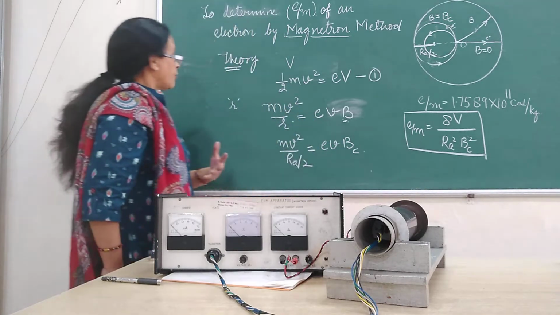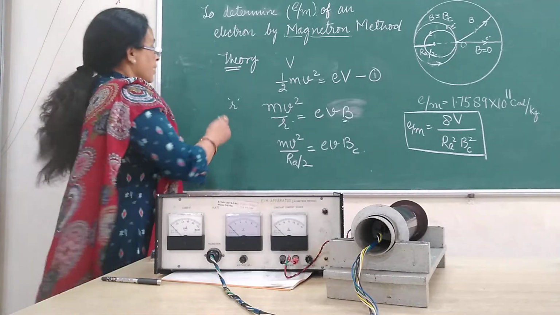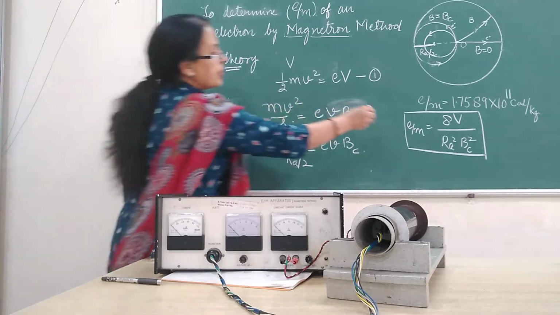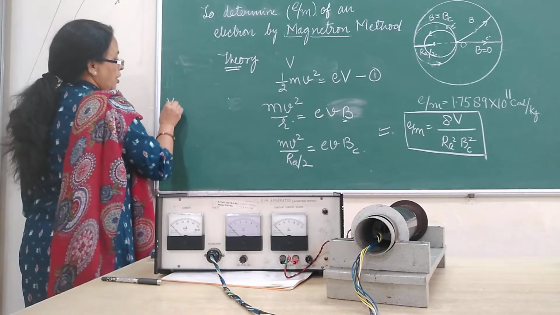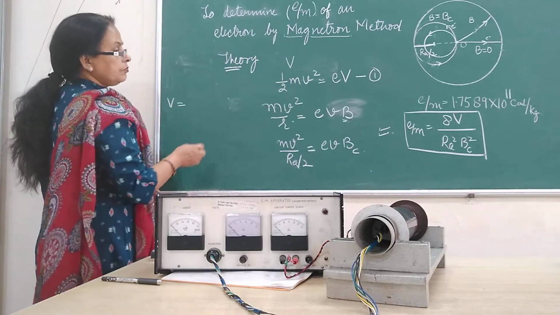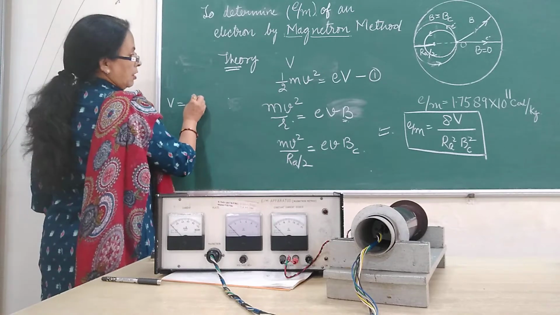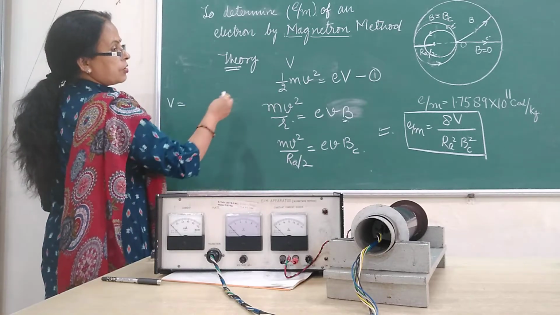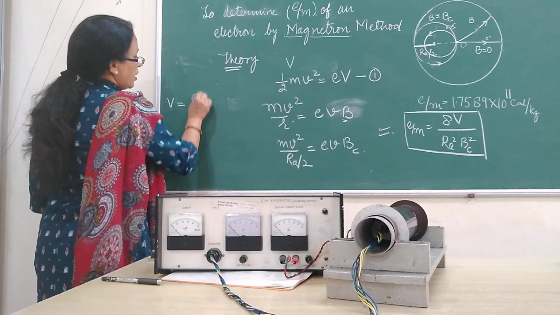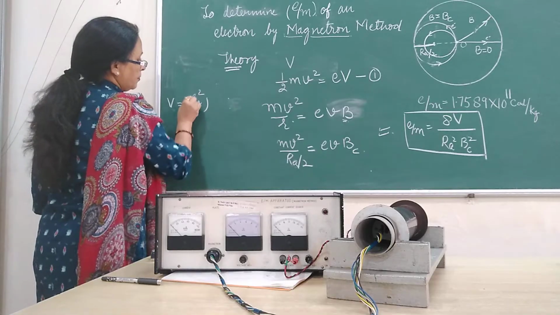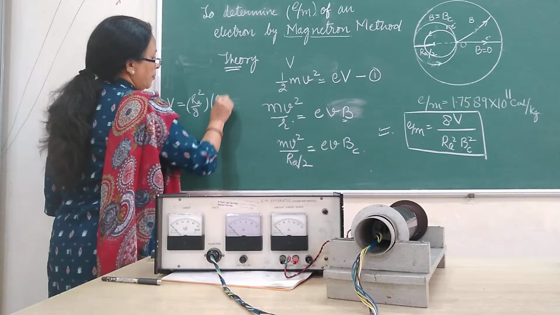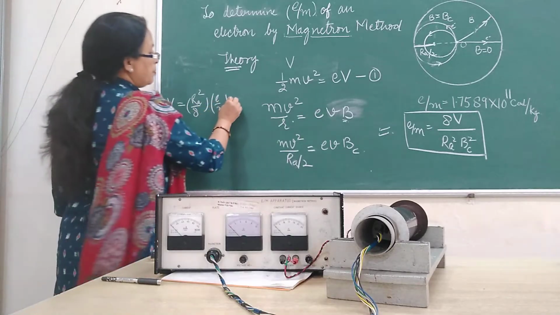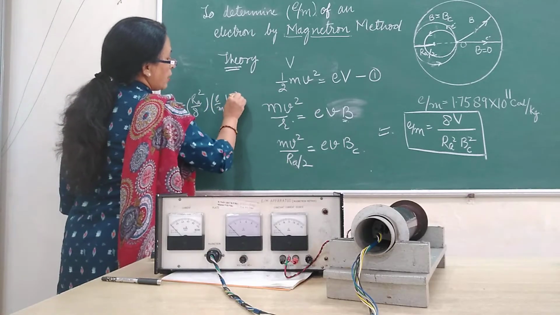One more method of calculating e by m is that, as can be seen from here, I can write it this way: V is equal to RA square upon 8, then e by m, and then BC square.